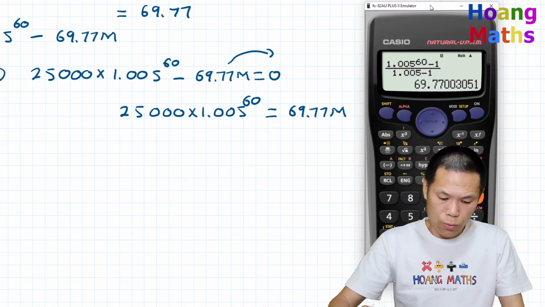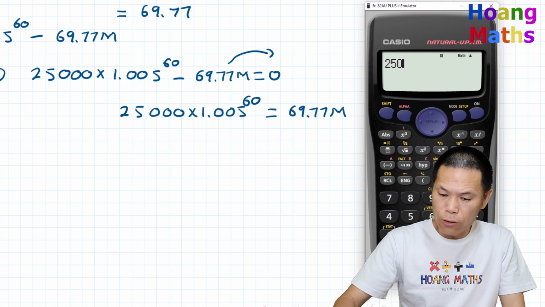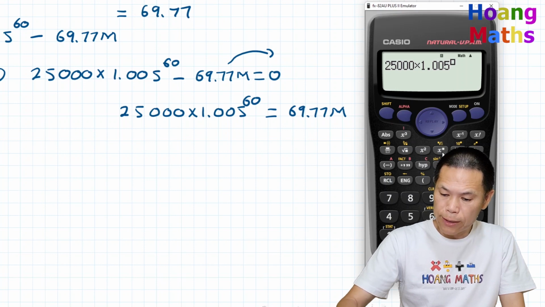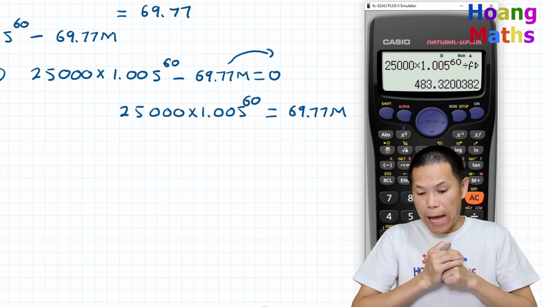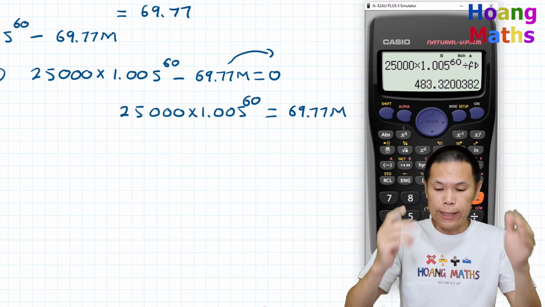So I go 25,000 times 1.005 power of 60, and then we divide by the answer. There you go, $483.32.